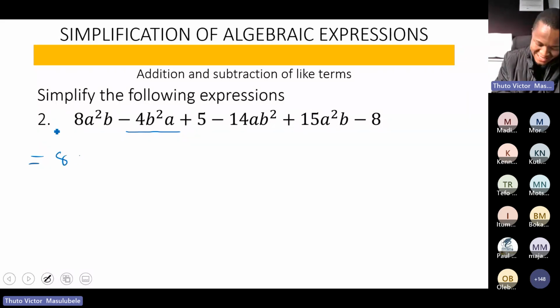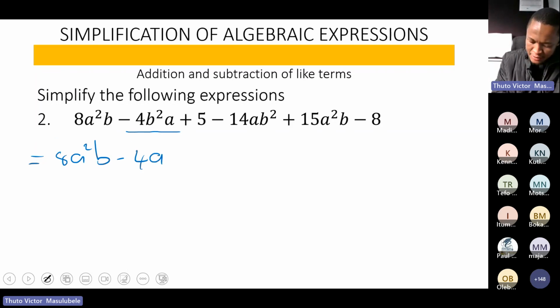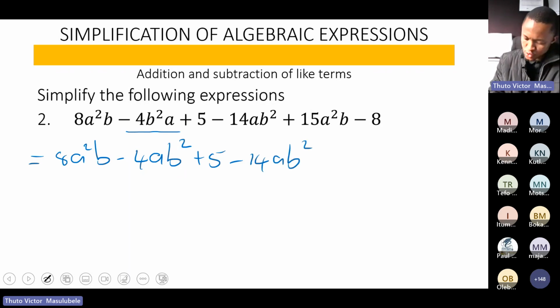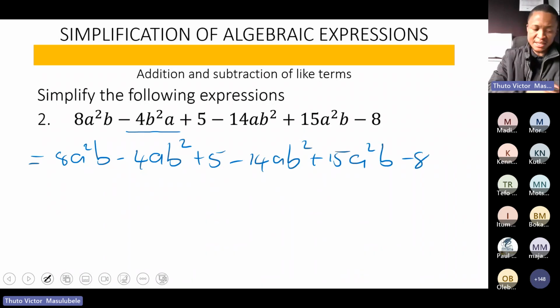So we'll have here 8a²b minus 4ab² plus 5 minus 14ab² plus 15a²b minus 8. The reason why we're doing that is so that it makes it easy for us to group all the like terms together. Remember, like terms are terms that have the same variables with the same exponents.